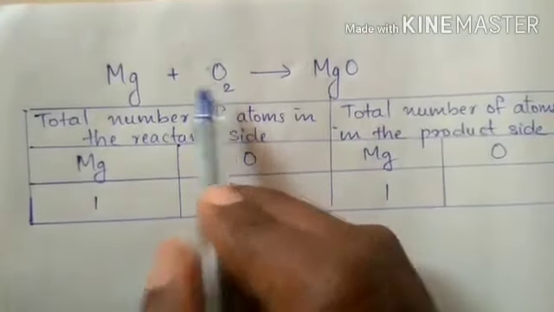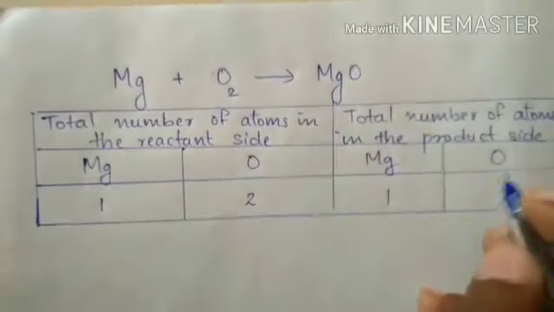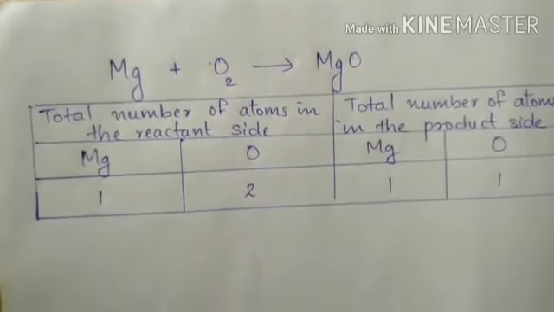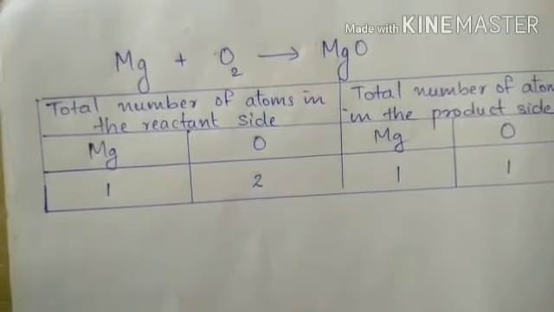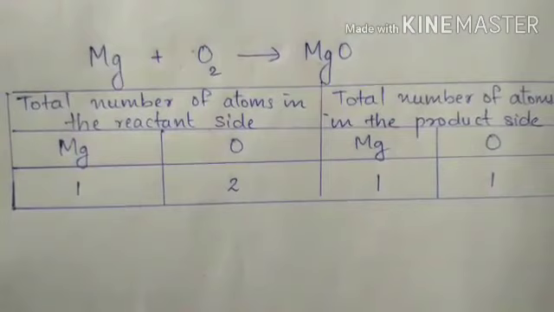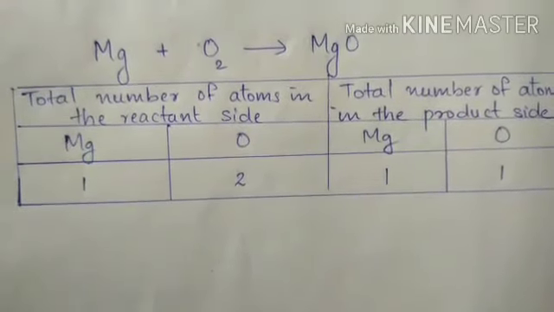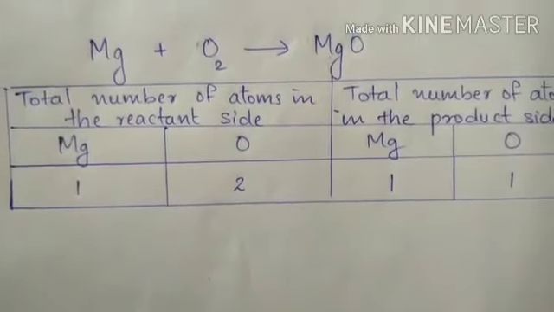In the case of oxygen, there are 2 oxygen atoms on the reactant side, and in the product there is only 1 oxygen atom. Now see, the number of oxygen atoms on the reactant side is not equal to the product side. So let's balance the oxygen atoms as the third step.